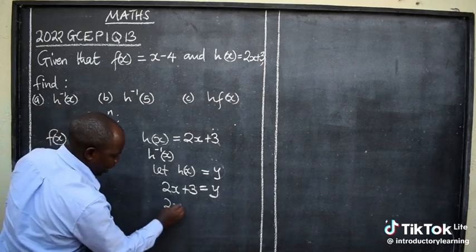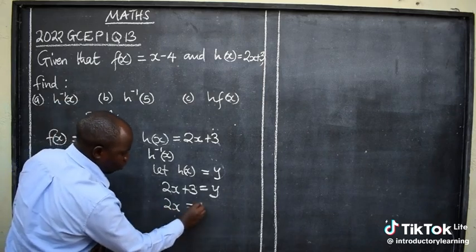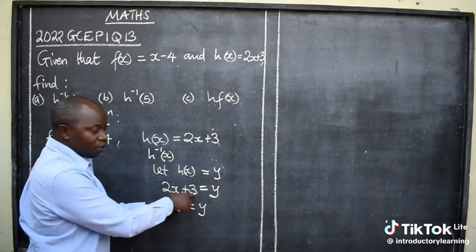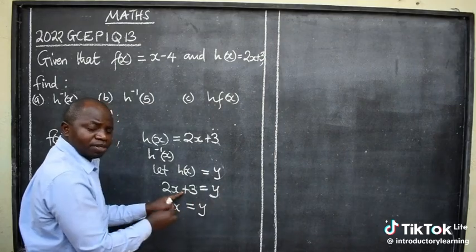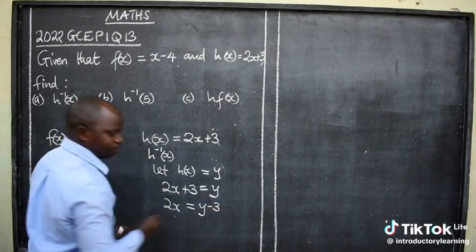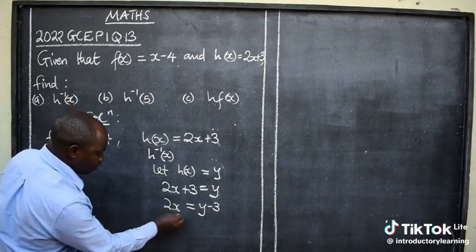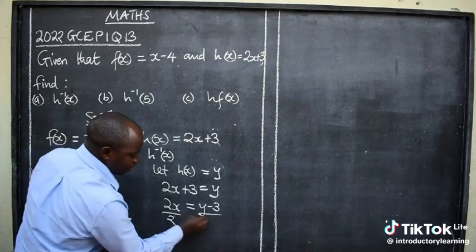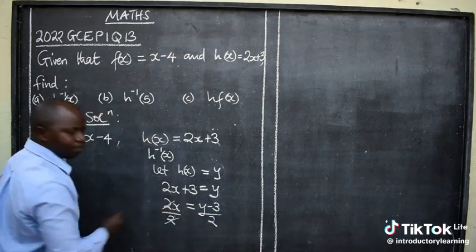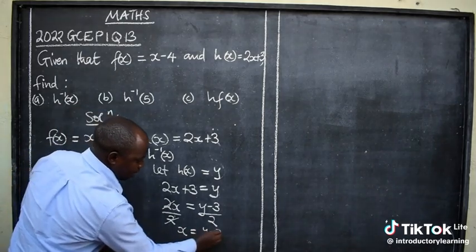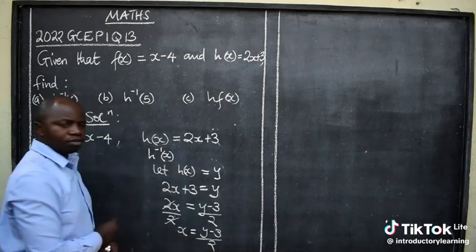So I'll say 2x is equal to y. This positive 3, when it crosses the equal sign, becomes -3. To remain with x, I have to divide by 2 both sides. So then x will be equal to y minus 3 over 2.